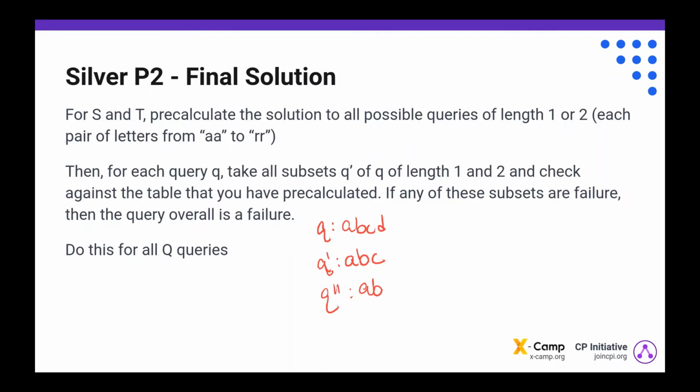So that's why we only need to check length 2 and not length 3, 4, right? And outside of these subsets, there's no other possibility of failure, right? So if none of the subsets fails, then there's really no other possibility of how the entire thing fails.